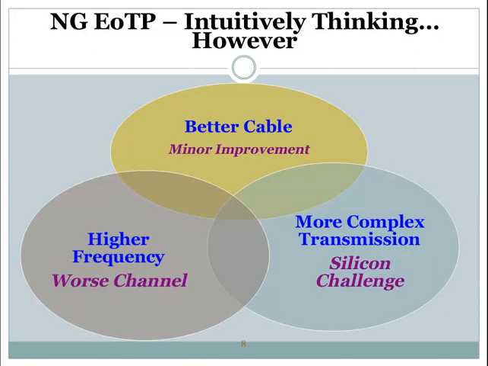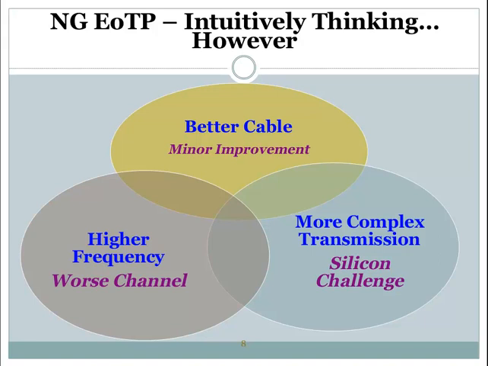So when we finalize the standards of 40GBASE-T, we do face some bottlenecks. For example, if we want better cable, we don't have much space to further install more insulation material or use even thicker conductors. So we see only very minor improvement in the cable itself. Or do we go to higher frequency?